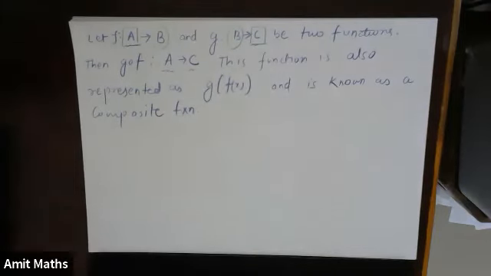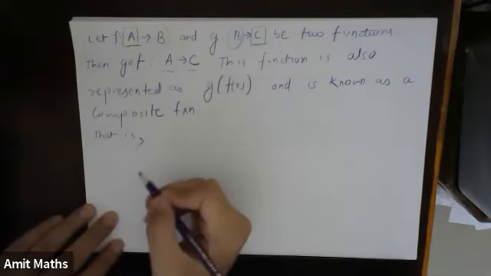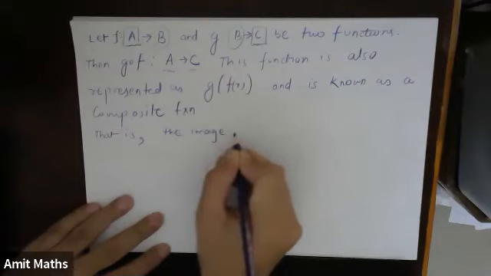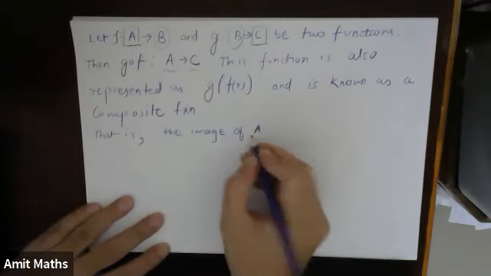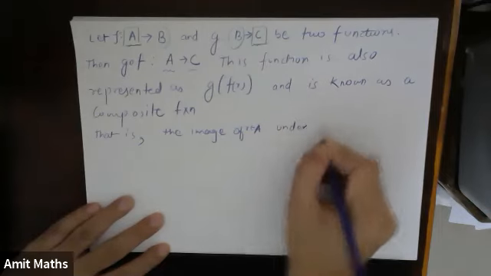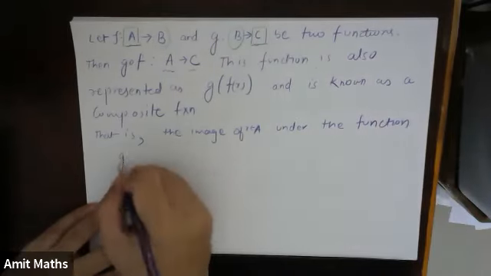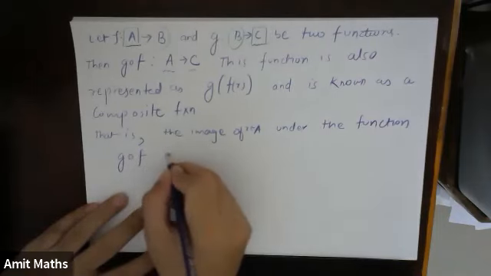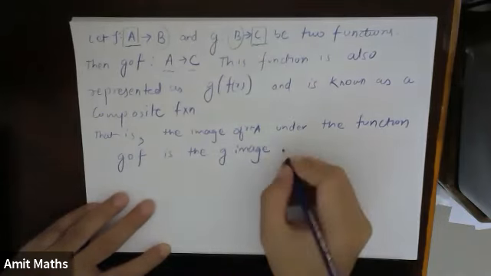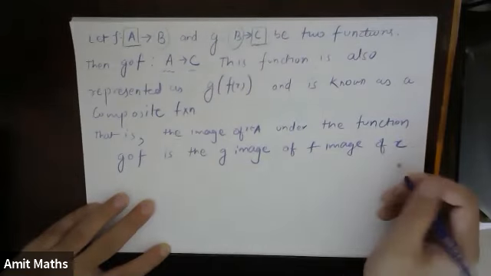The image of x, where x belongs to A, under the function g∘f is the g image of the f image of x.